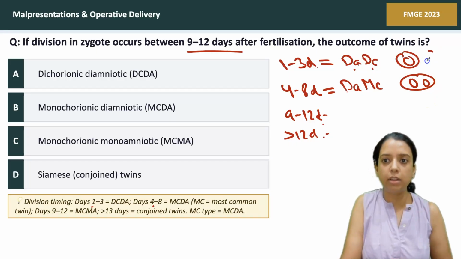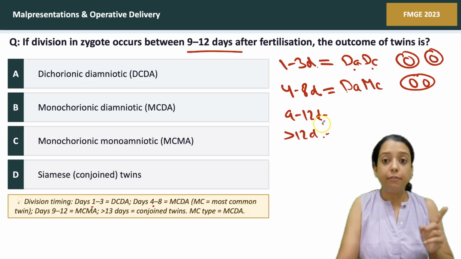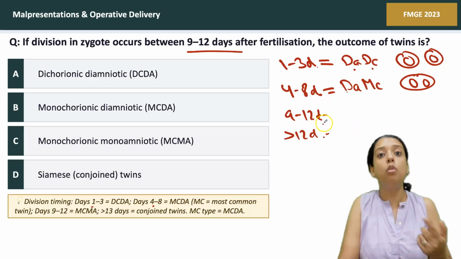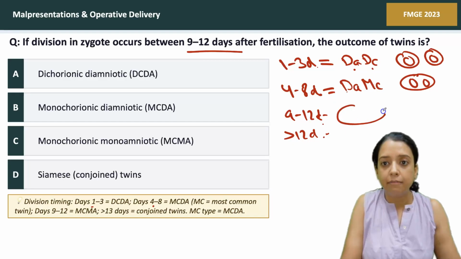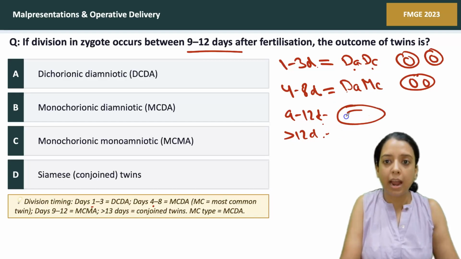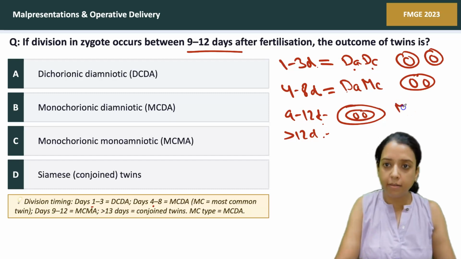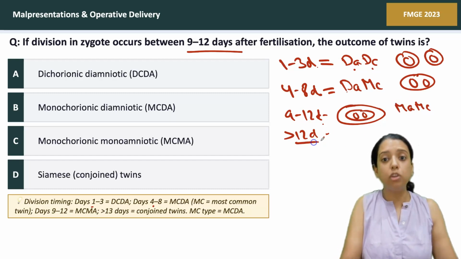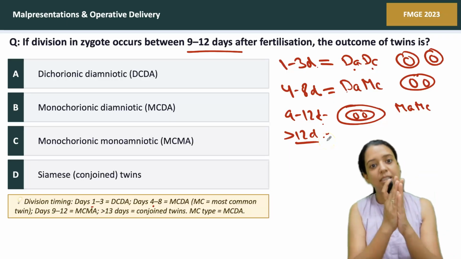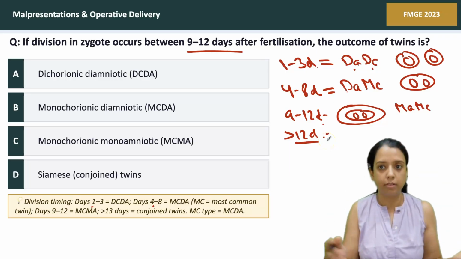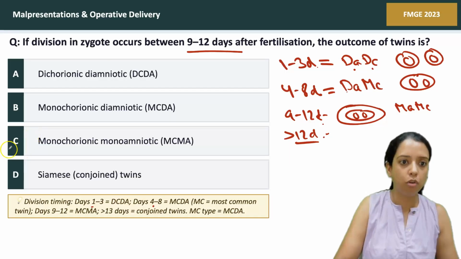This was different house and different rooms. For 9 to 12 days, they have become more good friends. They will say, we will stay in the same house and in the same room. Monochorionic monoamniotic. Beyond 12 days, now they are stuck with each other: Siamese twins, conjoined twins. So here the answer is monochorionic monoamniotic.